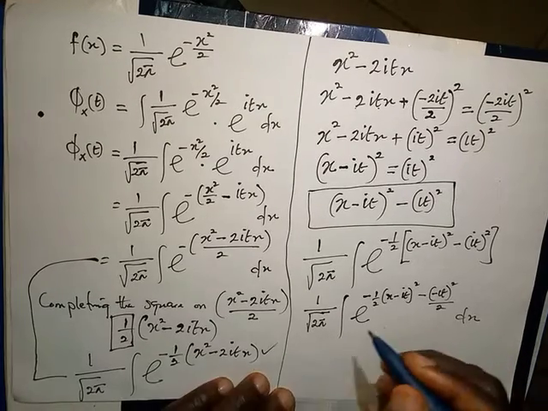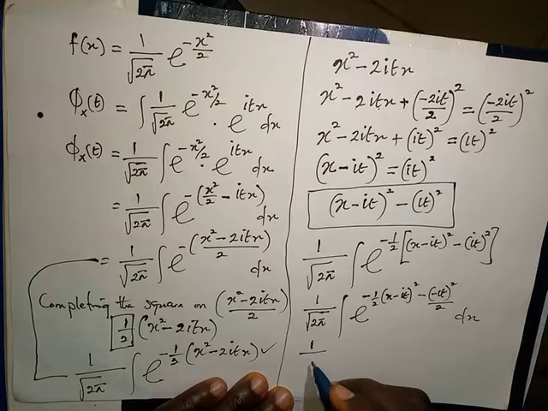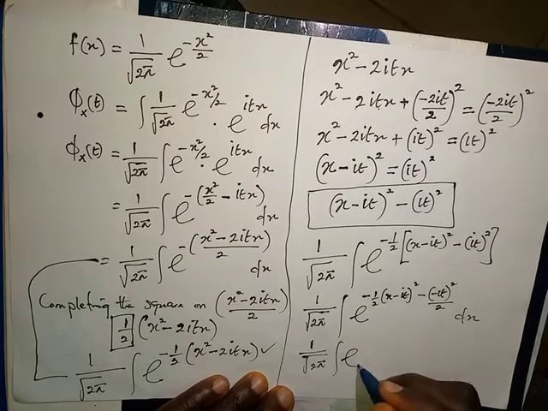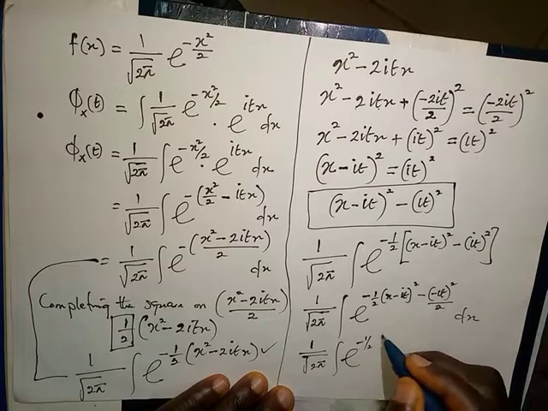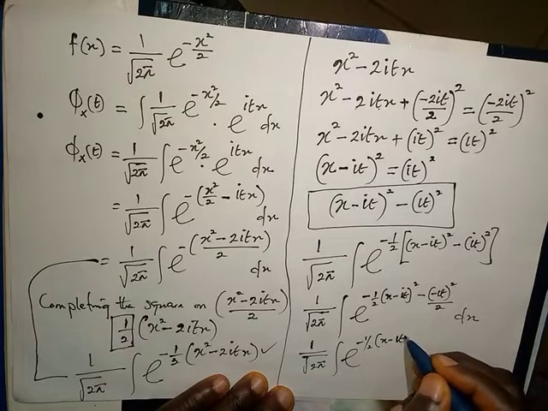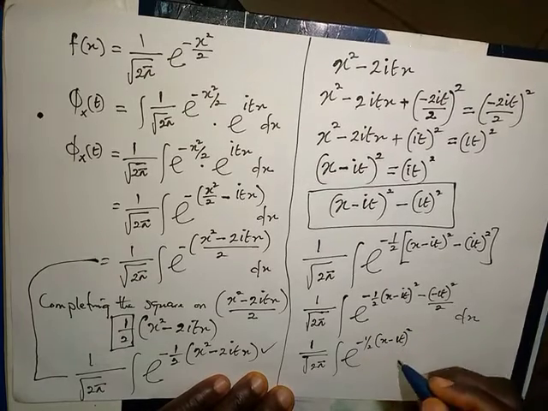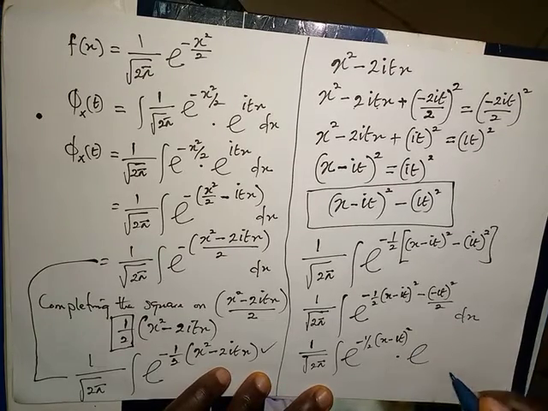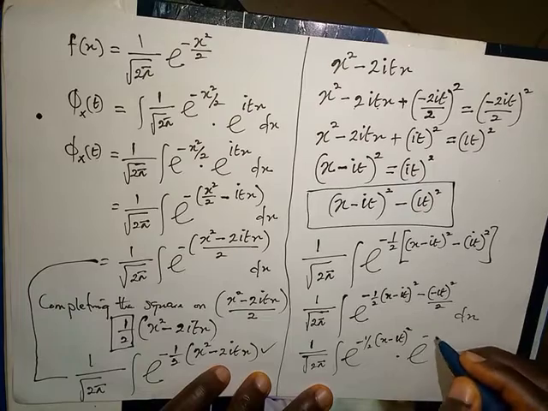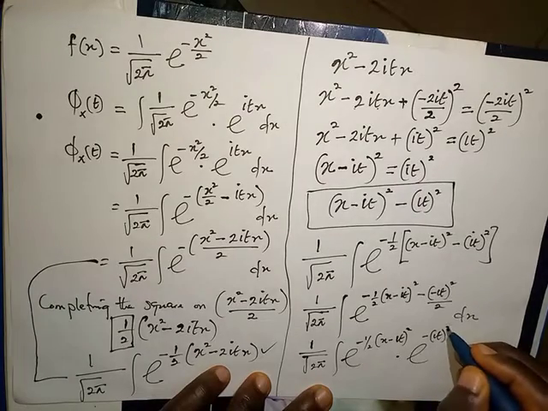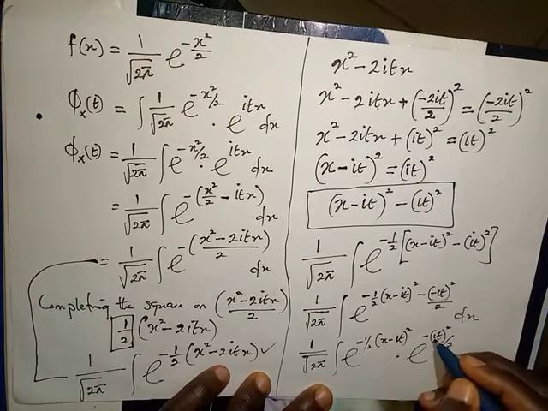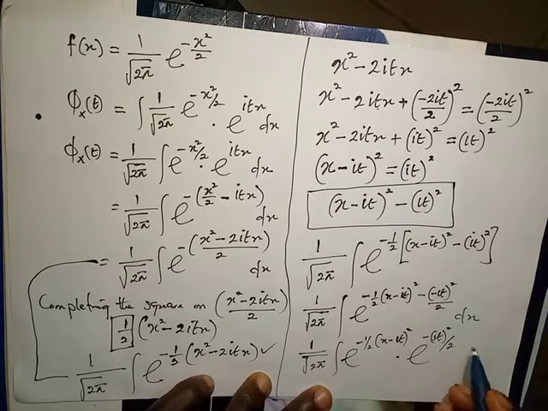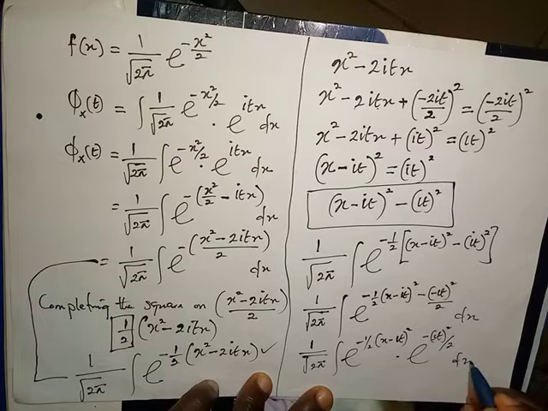So now we can write this as 1 over square root of 2 pi integral exponential raised to power minus 1 over 2 x minus i t raised to power 2, multiplied by exponential, separating these two, exponential raised to power minus bracket i t raised to power 2 divided by 2. We have a minus here, i t raised to power 2 over 2, dx.